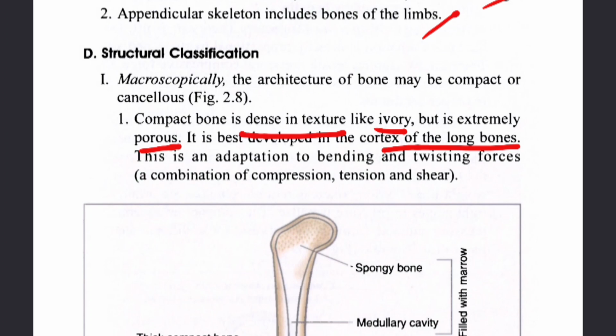This is an adaptation to bending and twisting forces, a combination of compression, tension and shear. What you understand here is that compact bone is dense in texture, with high collagen fiber, and still it is very porous in the cortex region.